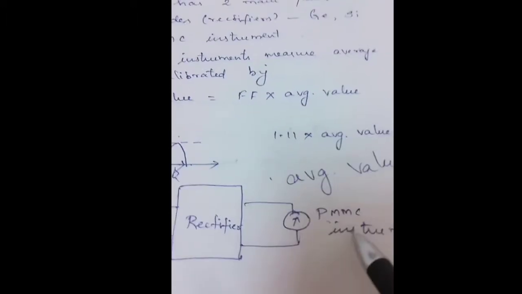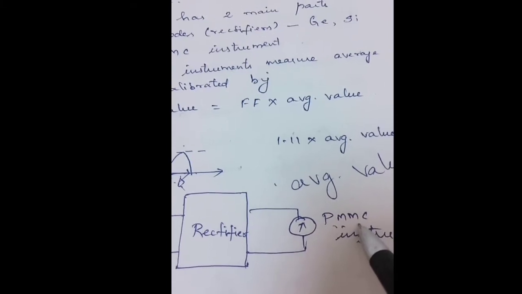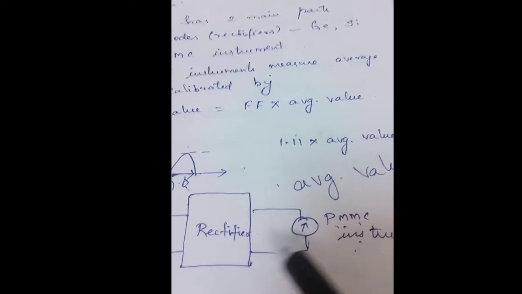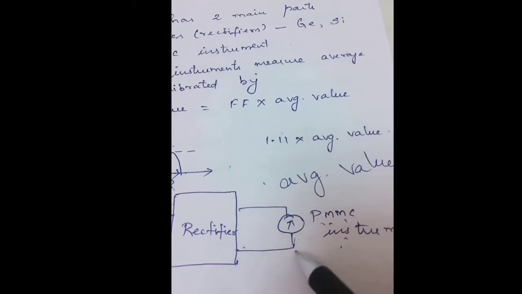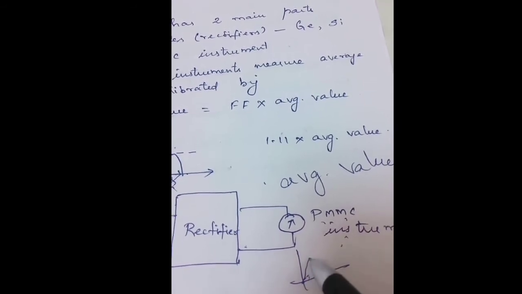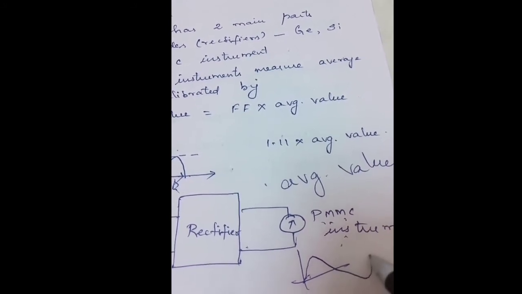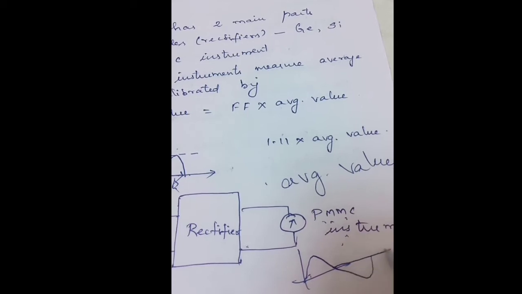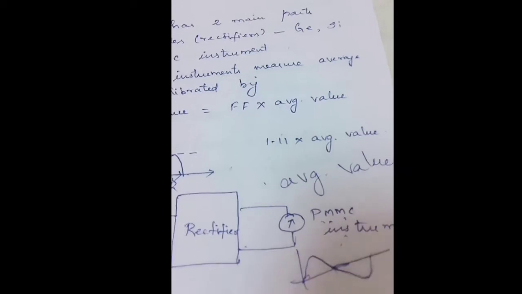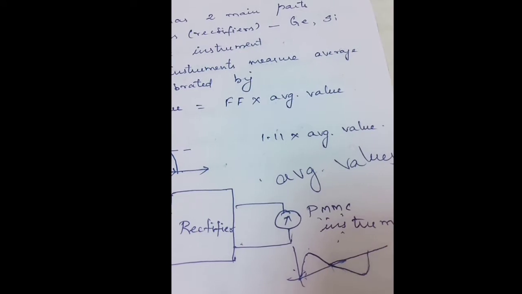But due to the moving coil arrangement in a PMMC instrument, it cannot respond instantaneously to variations. In an AC signal, the variations start from 0, reach a maximum value, then go back to 0, then cover the negative region also. So a PMMC instrument cannot respond at each and every point of these current and voltage values.